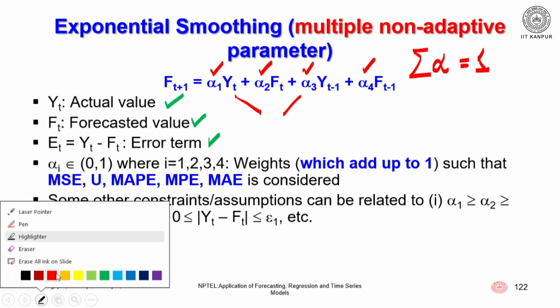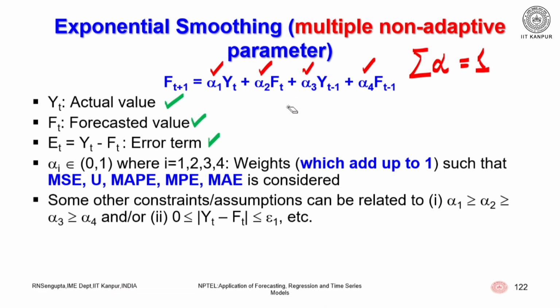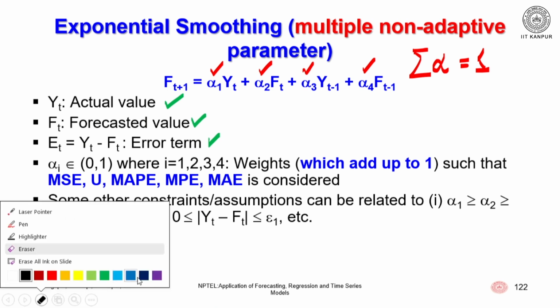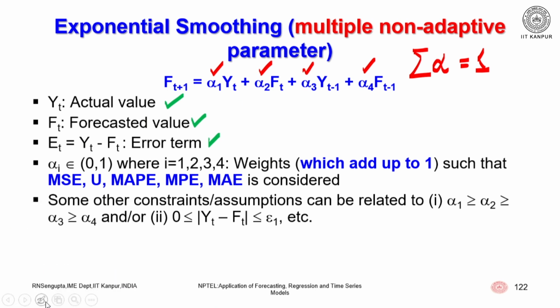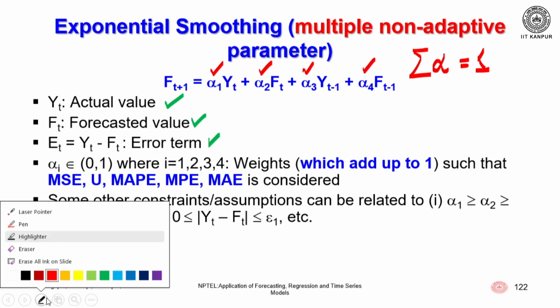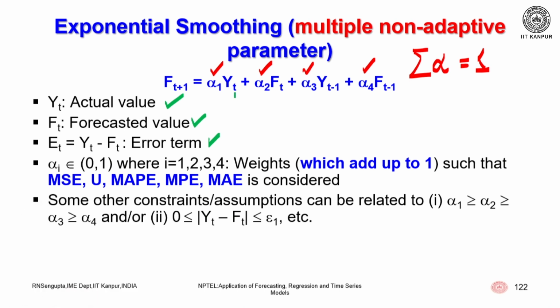If you see the weightages which you are giving to YT and YT minus 1, they are given as alpha 1 and alpha 3.